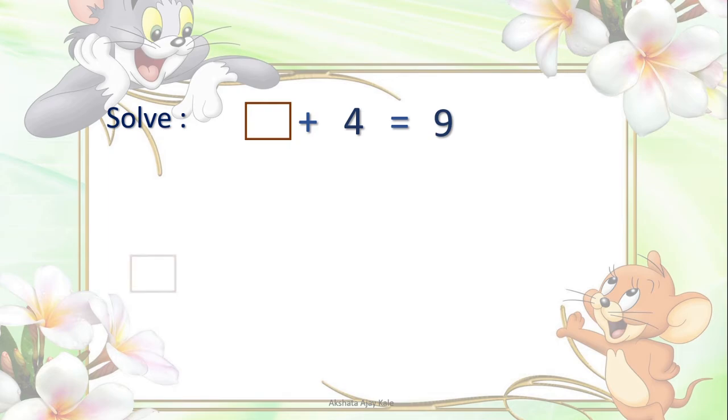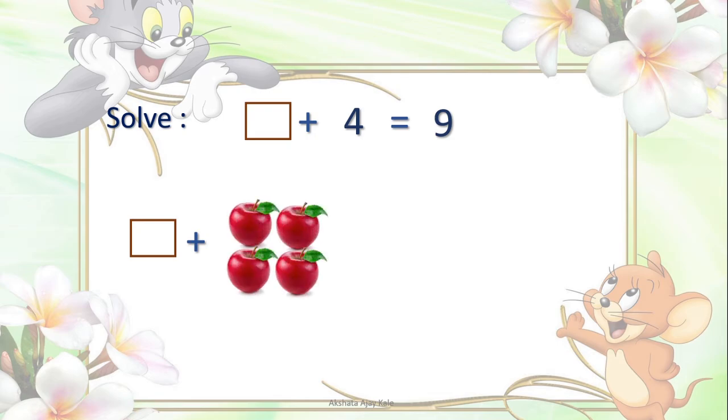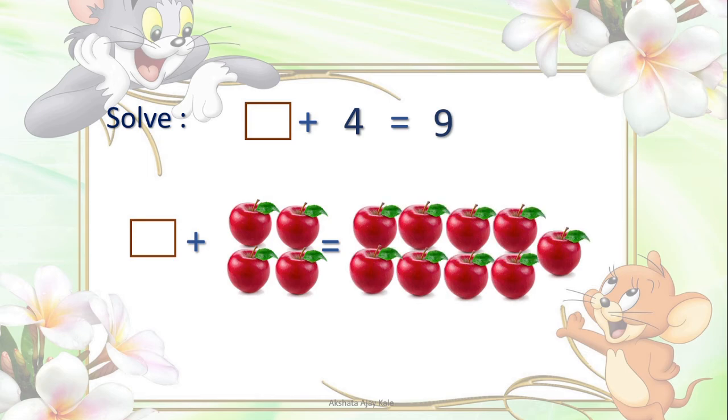First here should be a box that we don't know the number, isn't it? Then plus 4. Here we can draw 4 apples. Okay. Now is equal to, we know there must be 9 apples because answer is given 9.